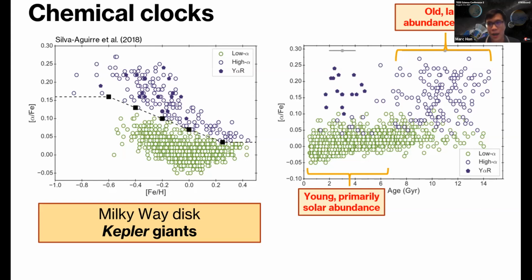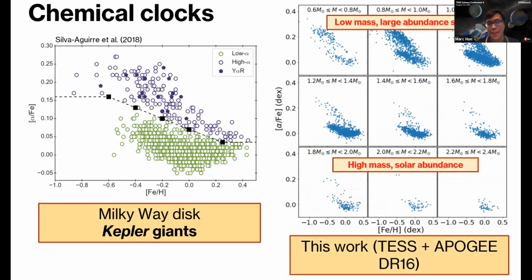So we plot our giants as a function of mass following this pattern, and we do see that the high mass stars in our sample, or the youngest, have abundances of alpha elements near solar as expected, whereas the low mass stars have a large scatter in their alpha abundances, which agrees with previous studies. And this is an important astrophysical validation of the seismology that we set out to do.